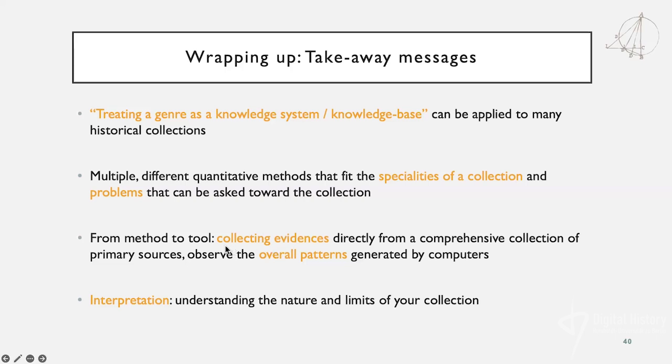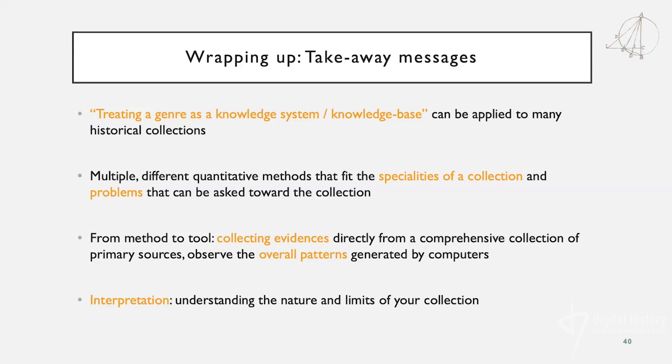And what we were able to do is collect evidence directly from primary sources. We argue that you need to have a comprehensive collection of the primary sources. Then we allow our users to observe the overall patterns generated by computer-assisted quantitative analysis.